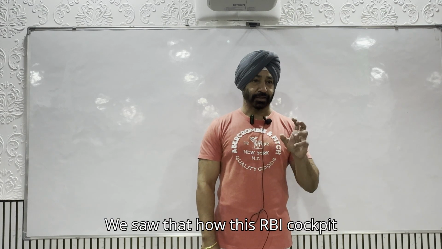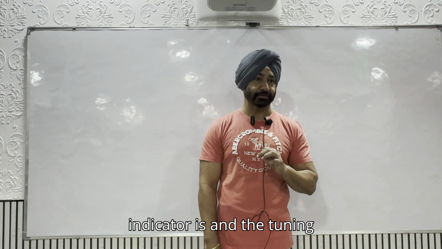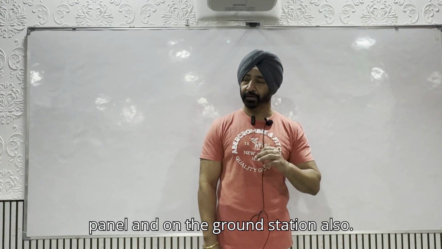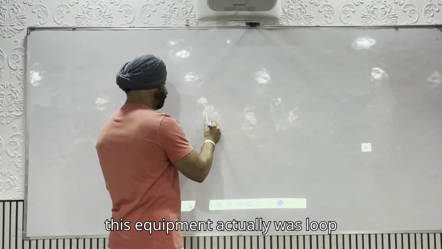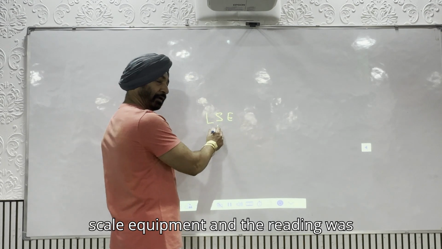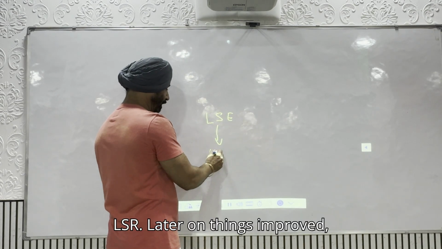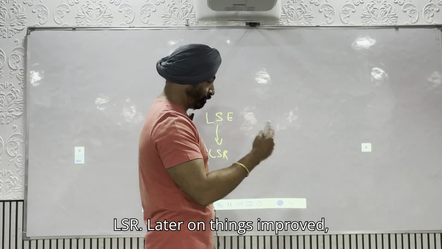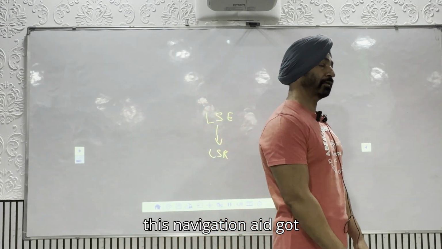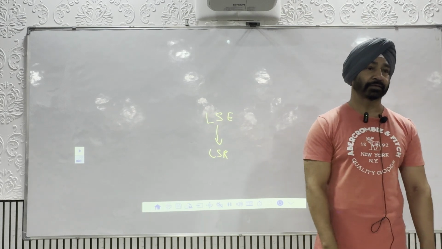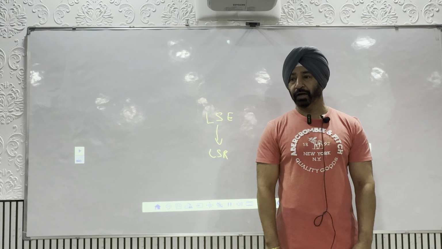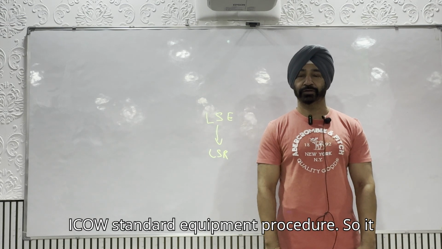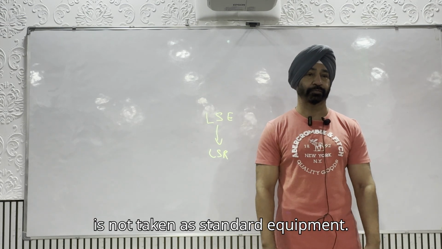We saw how this RBI cockpit indicator is, and the tuning panel, and the ground station also. So this equipment actually was loop scale equipment, and the reading was LSR. Later on, things improved. This navigation aid got improvised. Presently, it is out of the ICAO standard equipment procedure, so it is not taken as standard equipment.